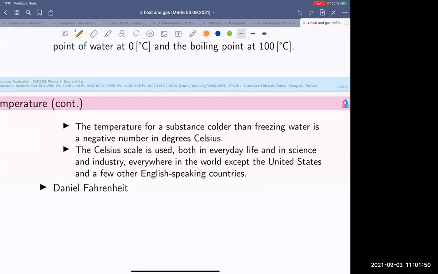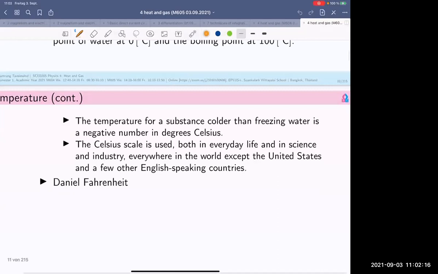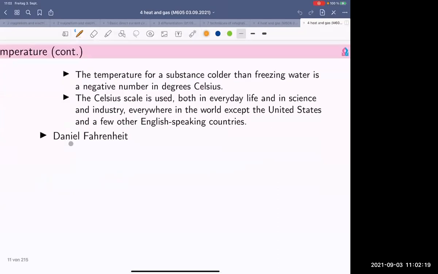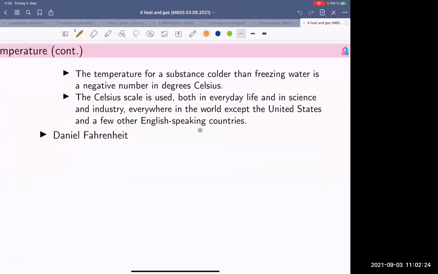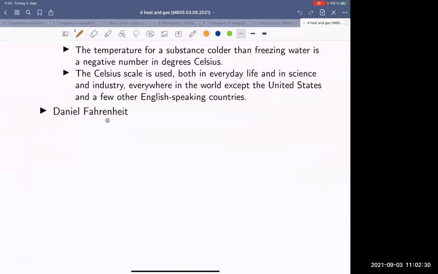Okay, you can see that Celsius degree is used for a lot of applications. Now, in some countries, like in the United States, we don't use this unit. We would rather use Fahrenheit, in English-speaking countries, except for United States too. The Fahrenheit is named after Daniel Fahrenheit.